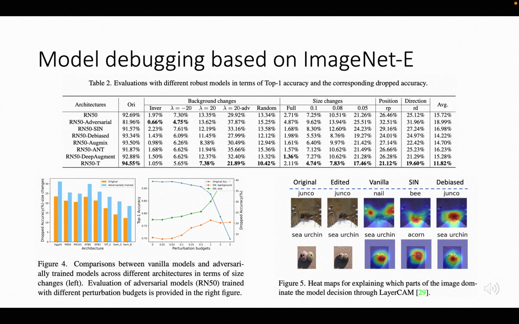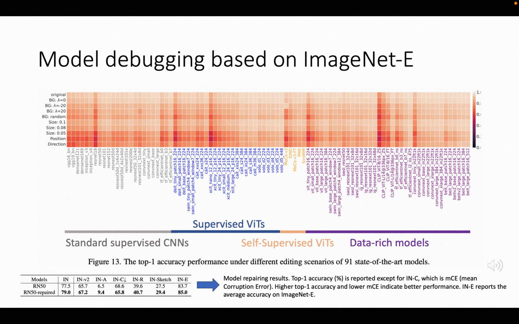The dropped accuracies are much greater compared to normally trained models. As the perturbation budget grows, the situation gets worse. This indicates that adversarial training can do harm to robustness against attributes. The above figure shows evaluations on 91 state-of-the-art models.